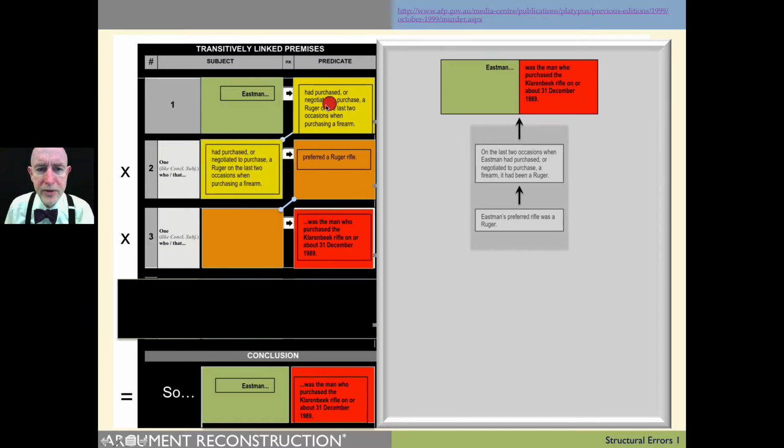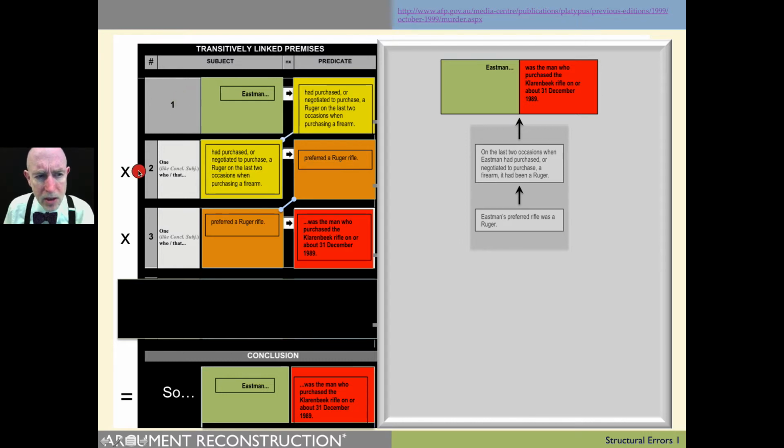So we create the linkage, putting the predicate phrase of this premise as the subject phrase of the next premise with the universal quantifier. And we do the same right here. So our 3 premises become: Premise 1, Eastman had purchased or negotiated to purchase a Ruger on the last 2 occasions when purchasing a firearm.